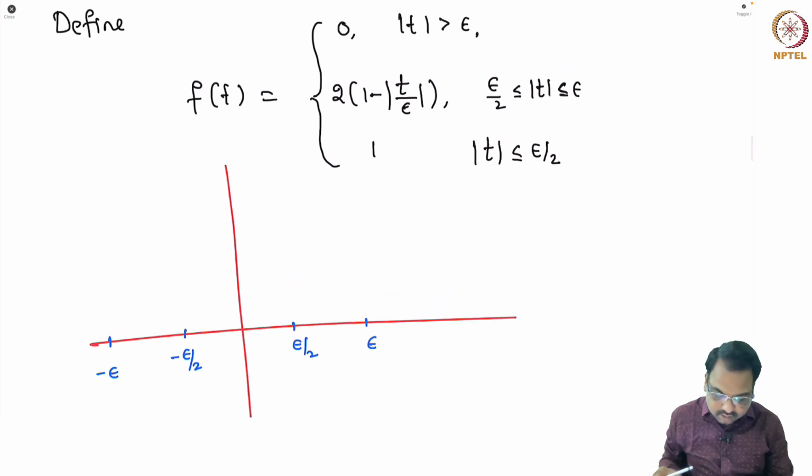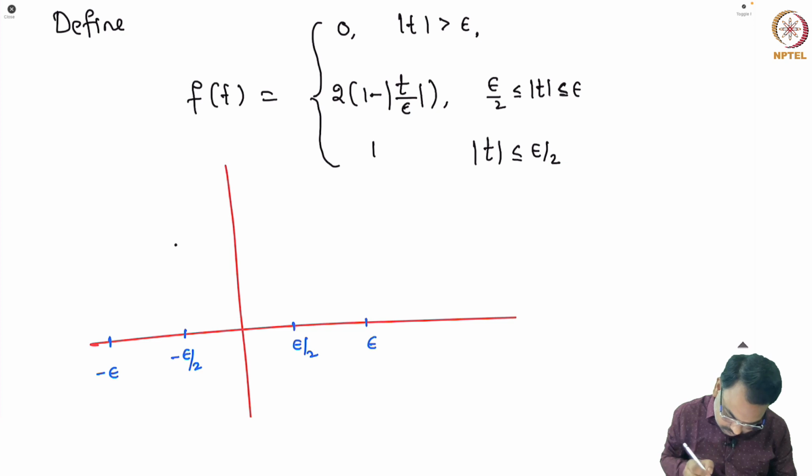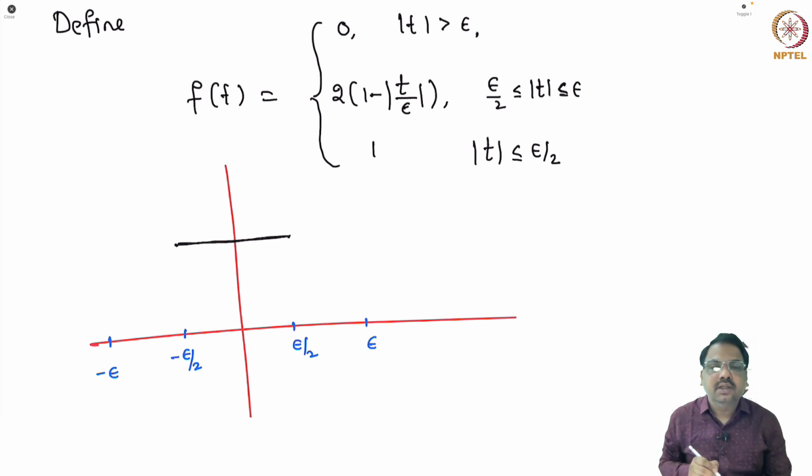Between minus epsilon by 2 and epsilon by 2, the function takes value 1. Between epsilon by 2 and epsilon, the function takes value 2 into (1 minus mod t by epsilon).